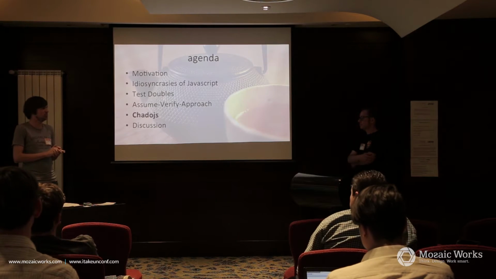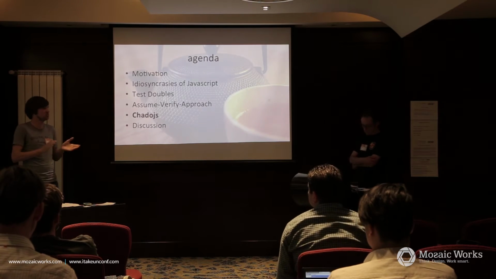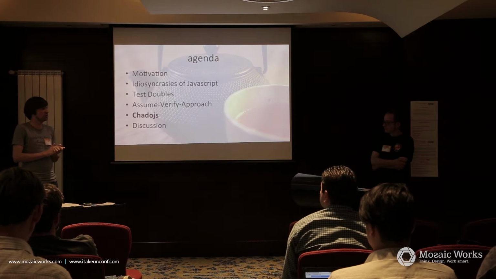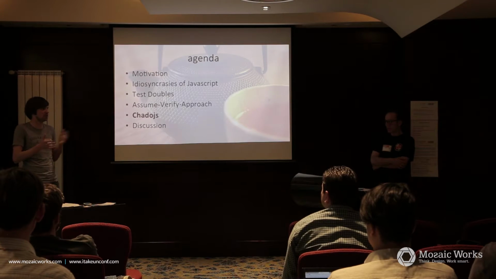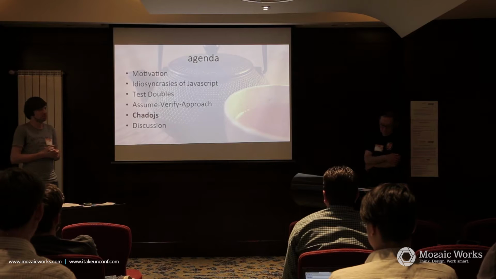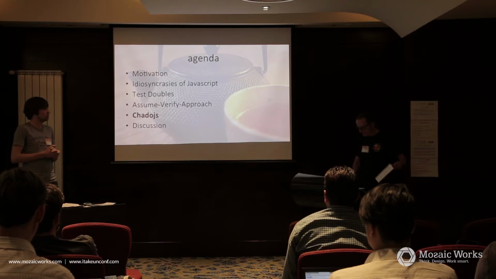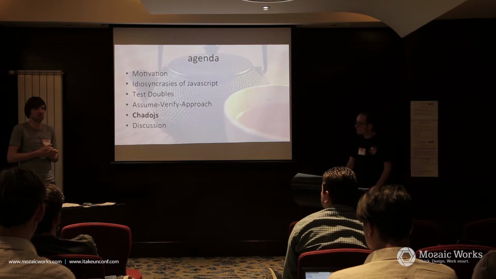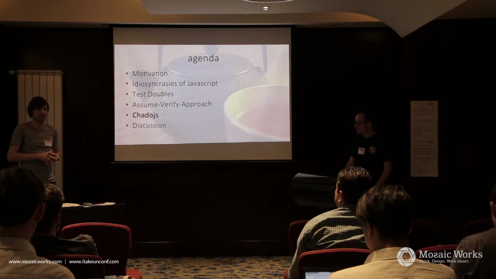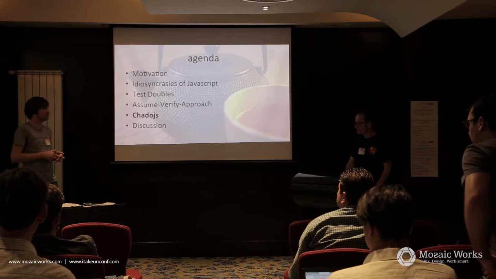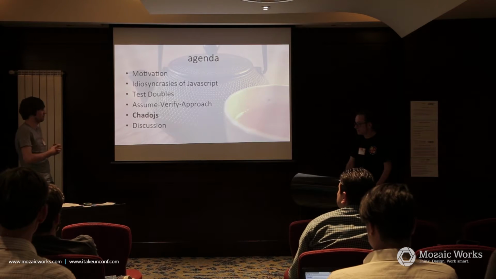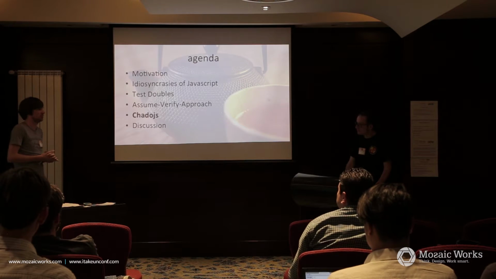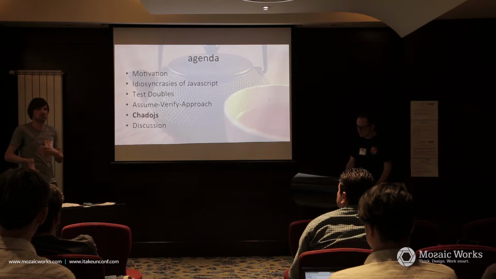I know in Ruby there is Bogus, and in Clojure Midje. When I tried to learn JavaScript, inspired by the talk of Reinsberger, I made a small library which helps me to keep track of the assumptions and verifications.